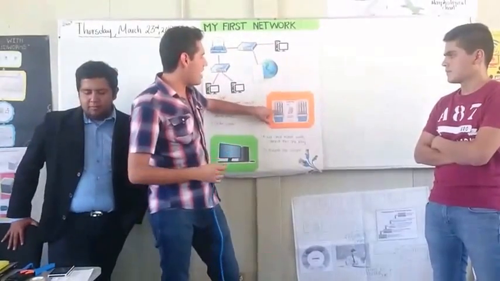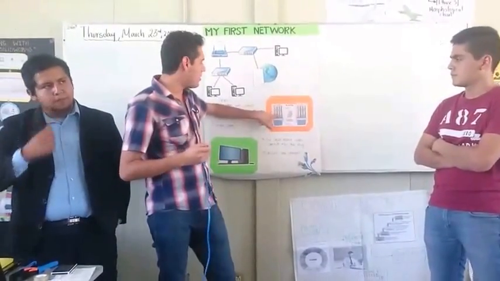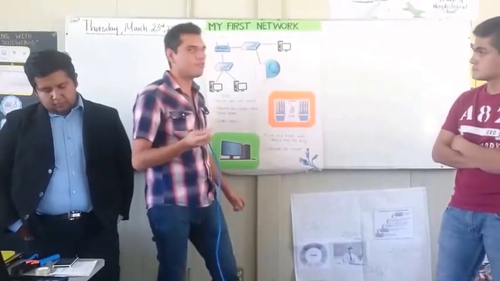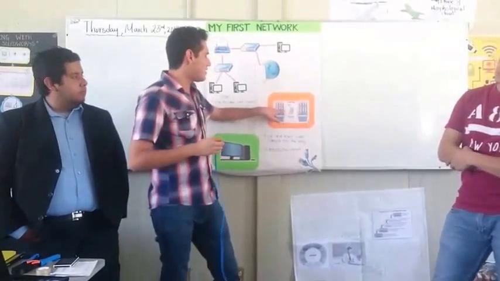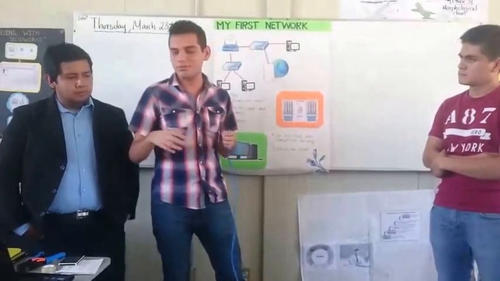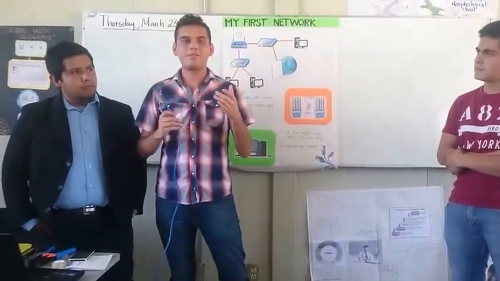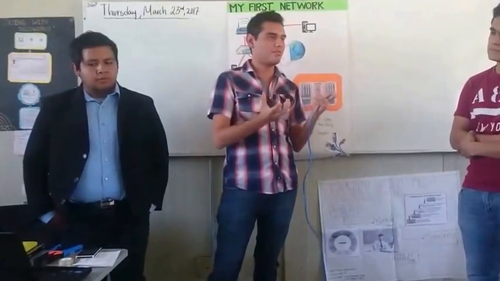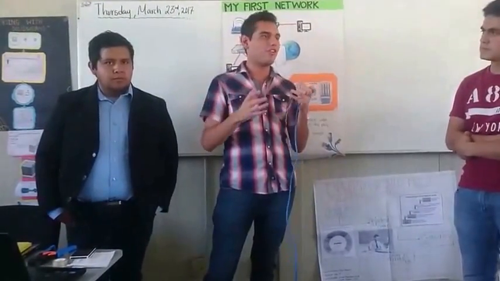The next is white blue. The next is green. The next is white brown, and the next is brown. This configuration is to connect two computers and transmit various resources or files.